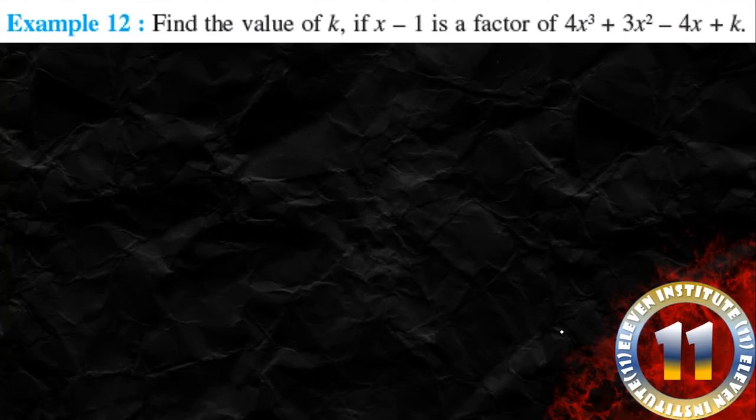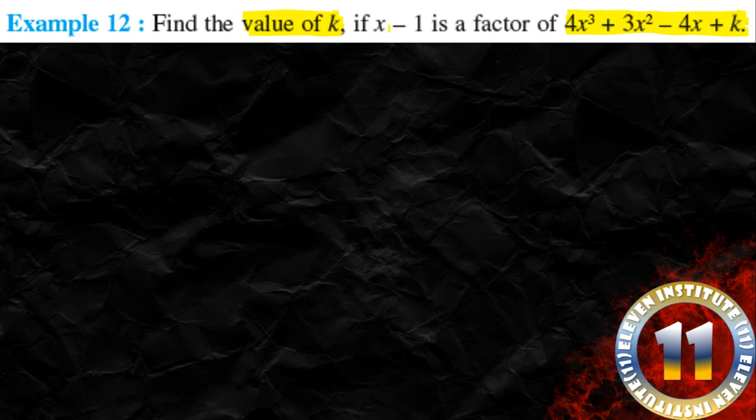Yes, what is written over here? Find the value of k if x minus 1 is a factor of this polynomial, right? In the question, it is not said anywhere to check. In the question it is given upfront that x minus 1 is a factor of p(x). So now you don't worry about this k.